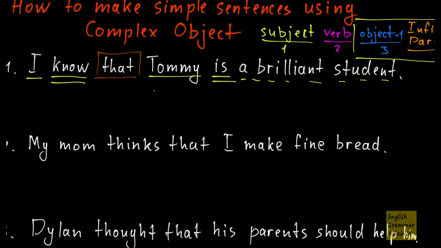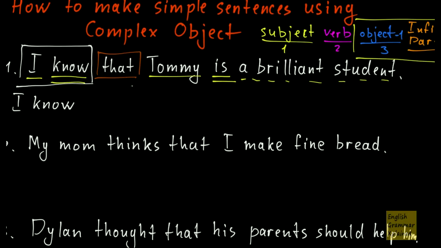So, what's the technique? The technique is really simple. First of all, this part of the sentence remains intact. We don't change anything. Sometimes I can change my main verb, but not often. So I rewrite it.